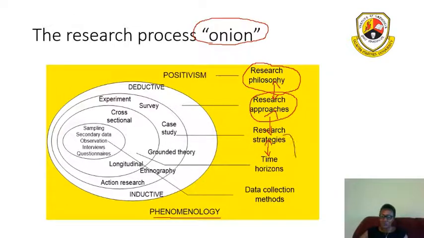Then these two determine the data collection method or techniques. Now, the data collection methods are things like using your questionnaires, using interviews, observation, literature review, whatever it is. So this is the process.